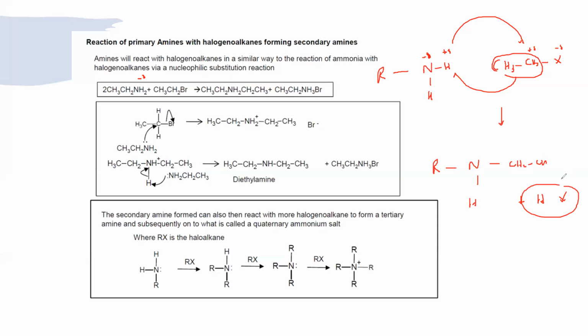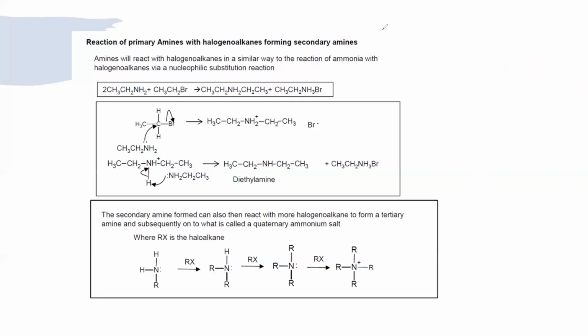So how does the reaction occur, what is the mechanism for this reaction? It's a nucleophilic substitution reaction. If we have a halogen alkane, I draw the structure of CH3, CH2 and Br. This carbon is partial positive, this one is partial negative. And this nitrogen, because it has a lone pair, is attracted towards the partial positive side.